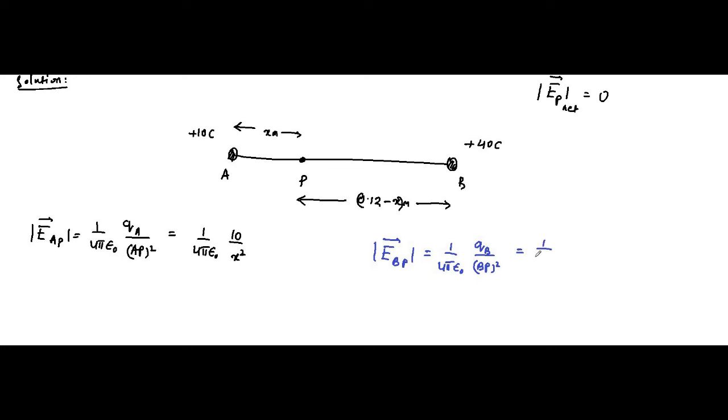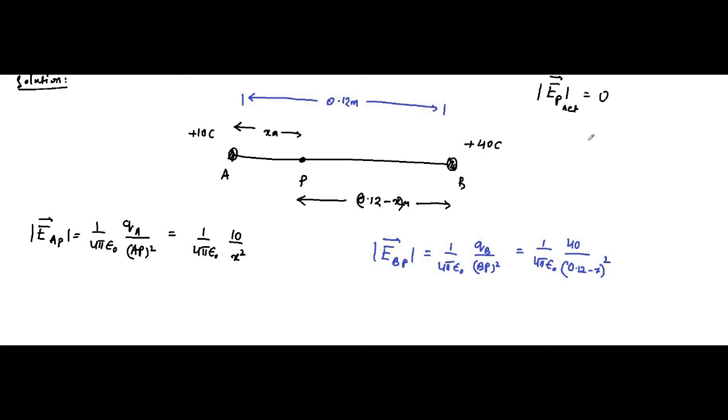Let's keep it as 1 by 4 pi epsilon 0, QB is 40, by 0.12 minus x whole square, because BP is equal to 0.12 minus x. Total distance is 0.12 meter, it is given in the question. The total distance is this much. This is x, remaining 0.12 minus x.